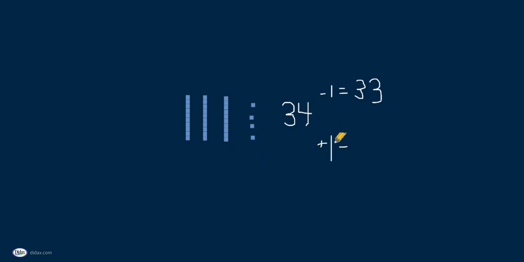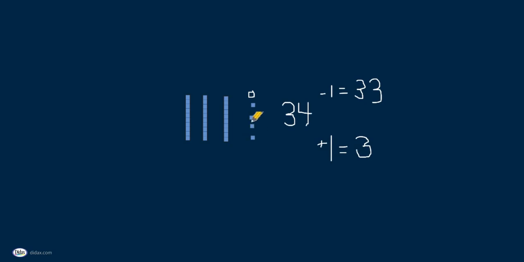Now I'm going to add 1 to 34. So the way that I'm going to add 1 is I'm just going to come up here and I'm going to add 1 dot. I added 1 to 34. Let's count how many tens we have. 1, 2, 3. I'm going to write a 3 in my tens place because I have 3 groups of 10.